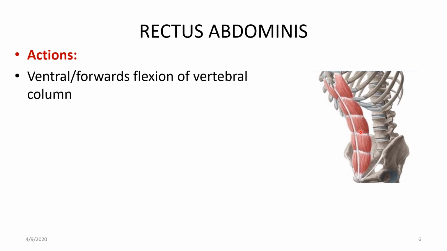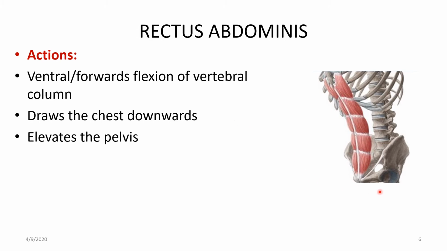So the forward flexion of the vertebral column is produced by the rectus abdominis muscle, and it will be drawing the chest downwards, and it also elevates the pelvis. So it tries to bring the sternum and symphysis pubis close to one another.